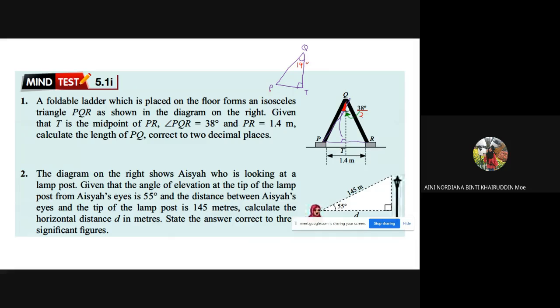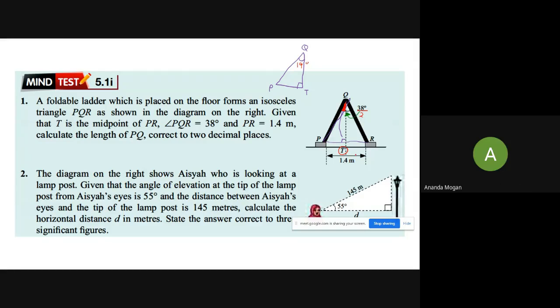So what is the length of PT? Who knows? You can write in the chat also. What is the length of PT? Length of PR is 1.4. T is the midpoint.